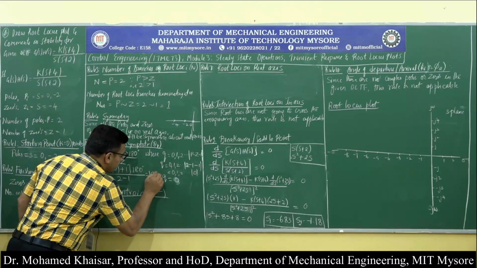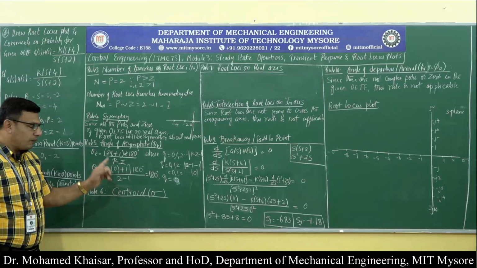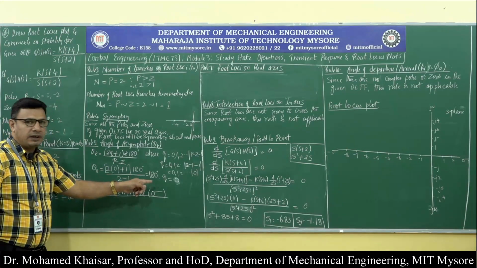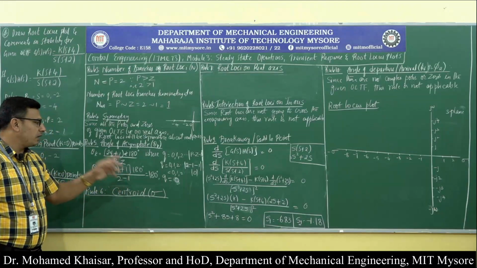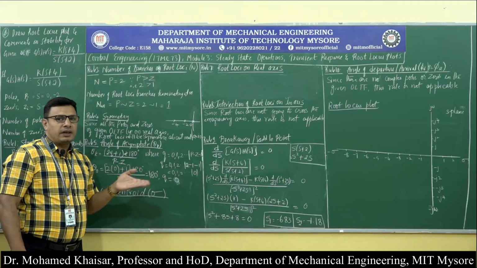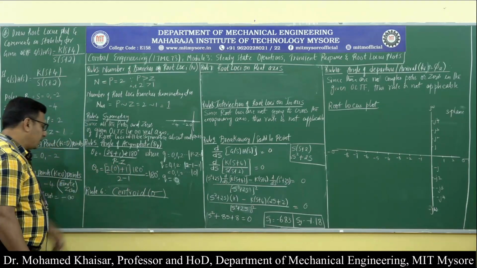It gives me 180 degrees only. There is only one asymptotic straight line, and it will be along 180 degrees. If we plot it on the S-plane, we will find that it lies along the negative real axis, which is the 180 degree line.